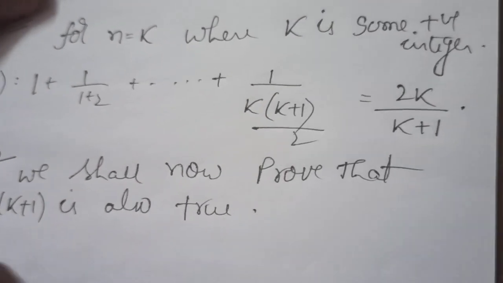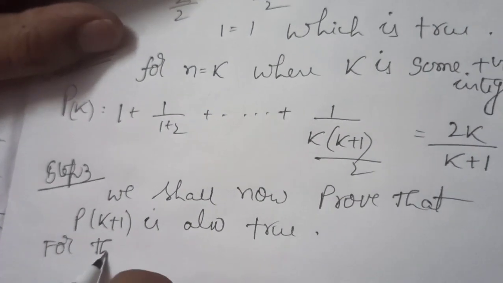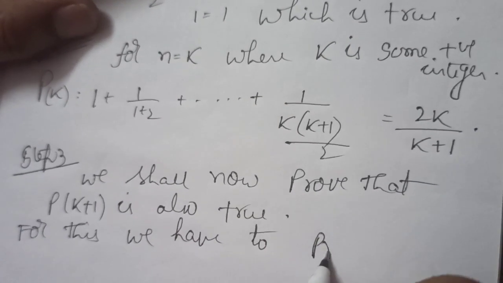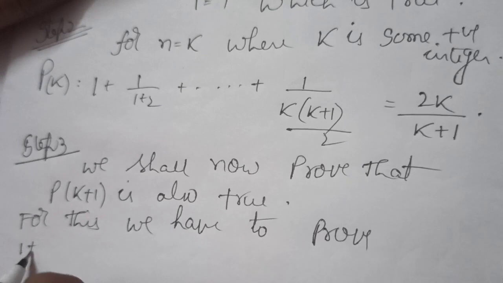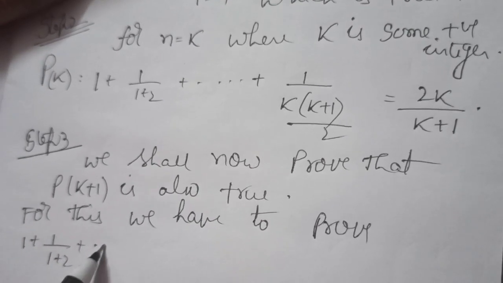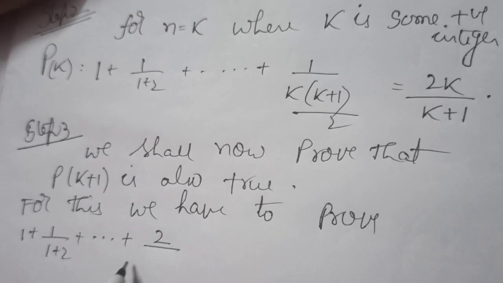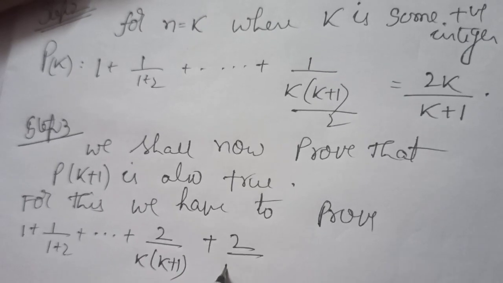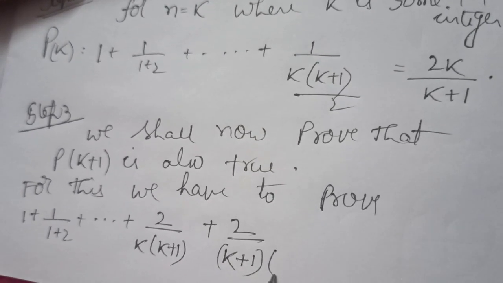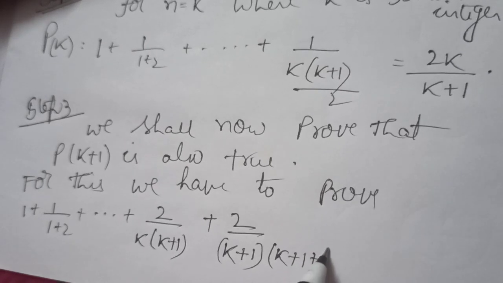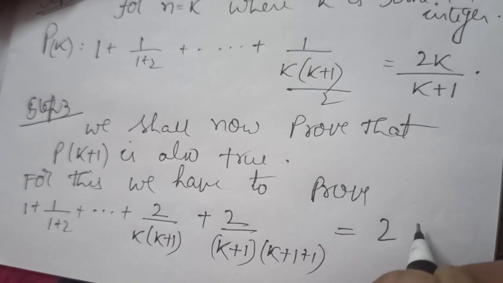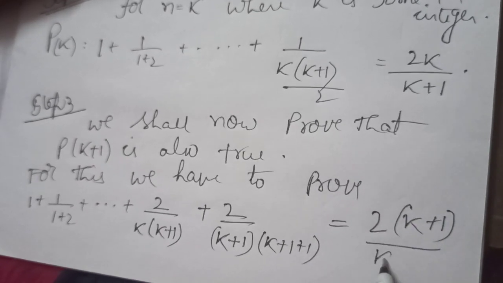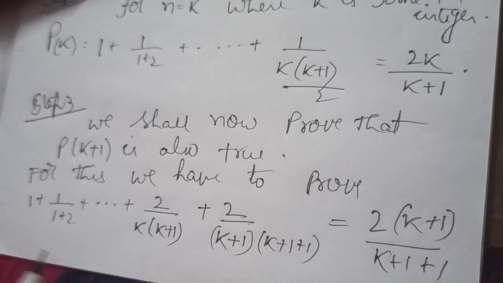For this, we have to prove 1 plus 1 plus 2 plus up to 2 by k into k plus 1 plus 2 by k plus 1 plus 1, which is equal to 2 into k plus 1 by k plus 1 plus 1. This you want to prove.